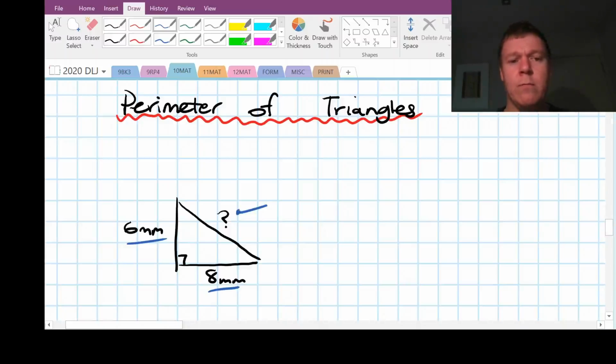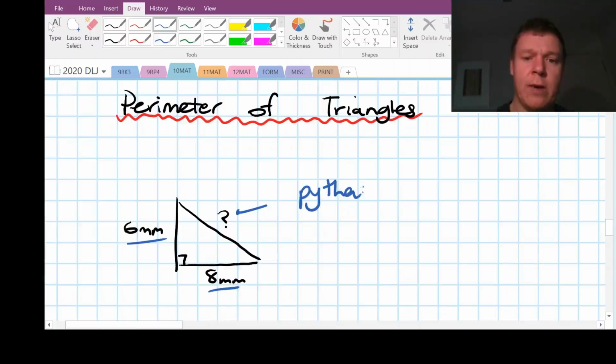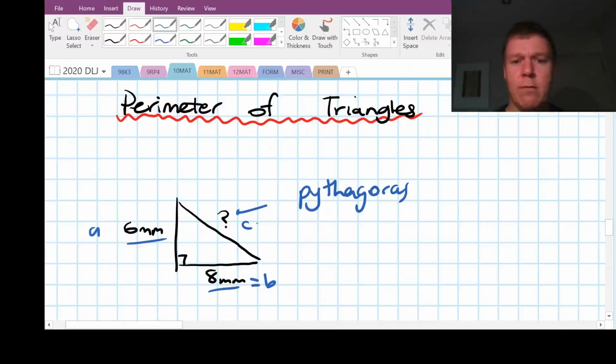Well, Pythagoras. Don't forget about Pythagoras. So this is our A, this is our B, and that's our C side. I'll just roll through how you do one of those again. Remember with Pythagoras, a squared plus b squared equals c squared.